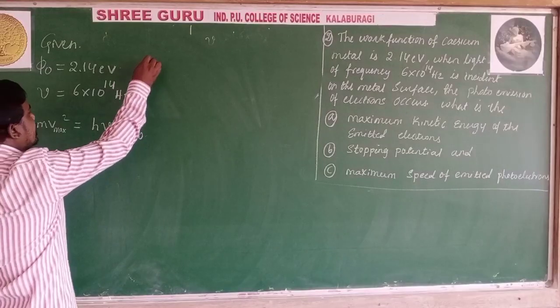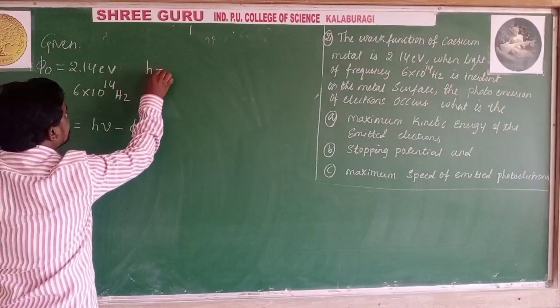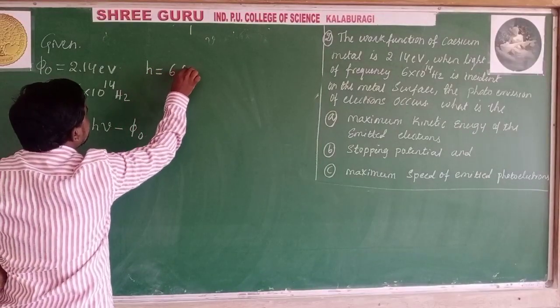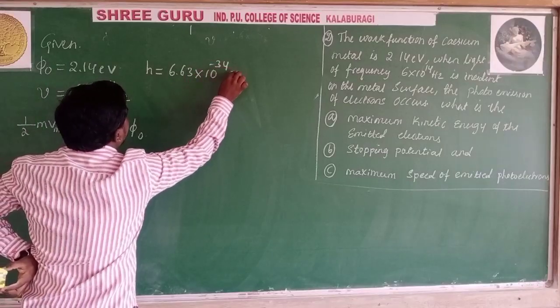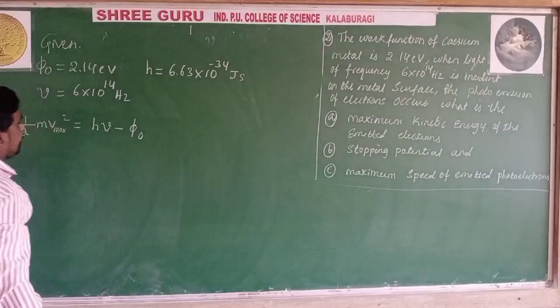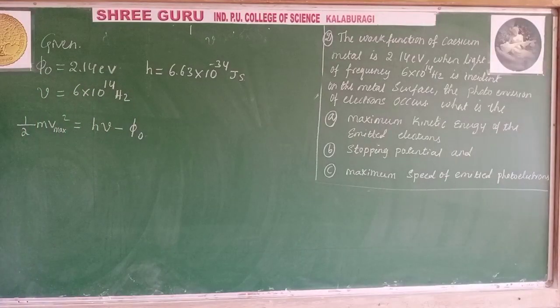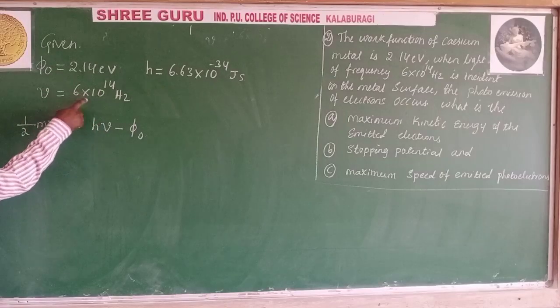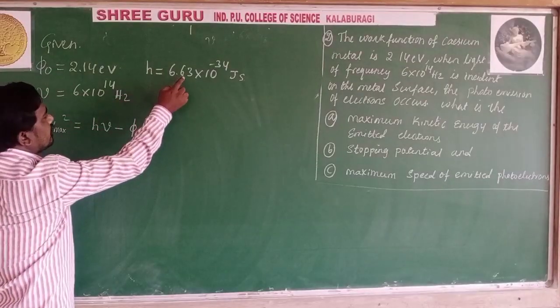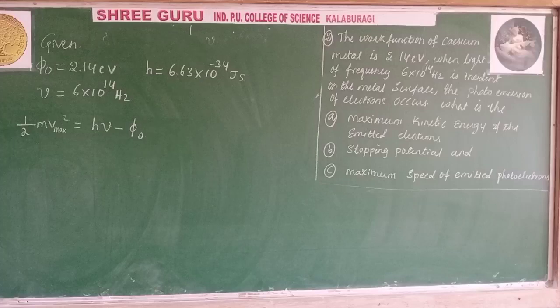Already we know the value of h from the last question, that is 6.63 × 10^-34 joule second. The work function and frequency are mentioned, and we know the Planck constant, 6.63 × 10^-34 joule second. We should find this maximum kinetic energy.